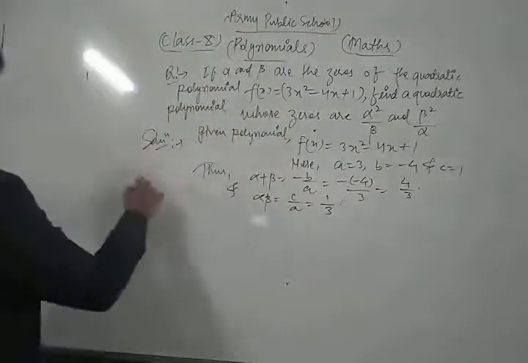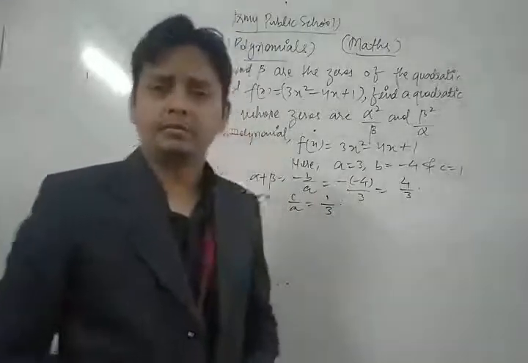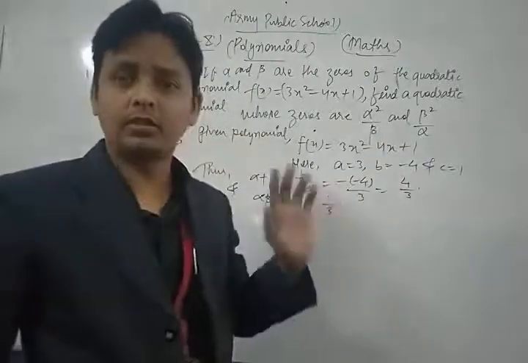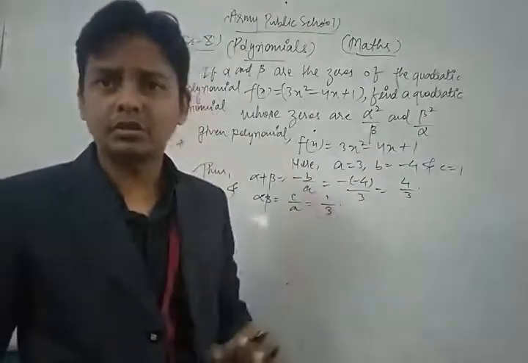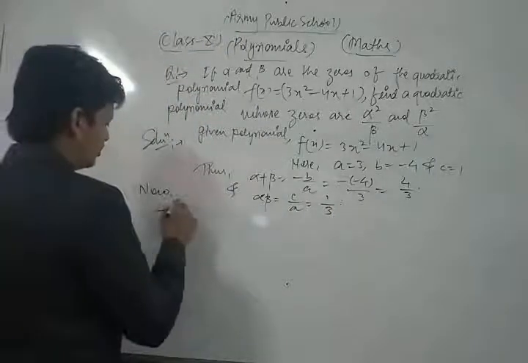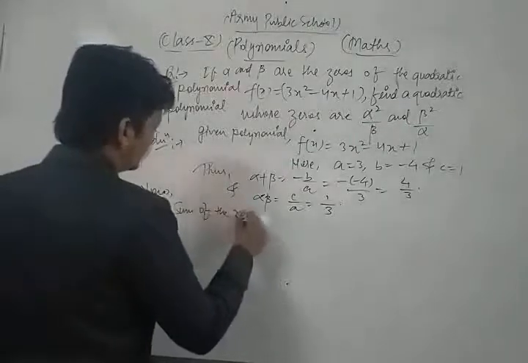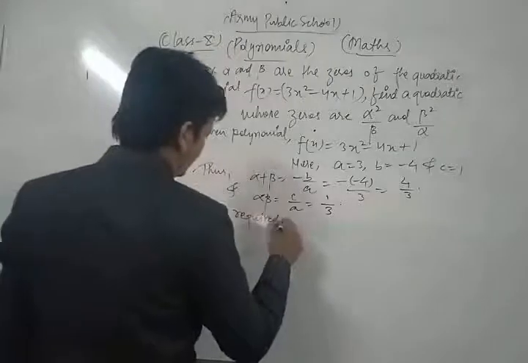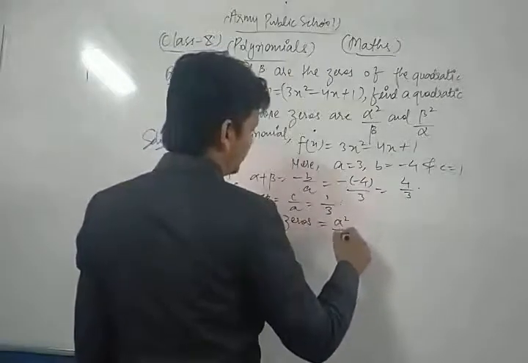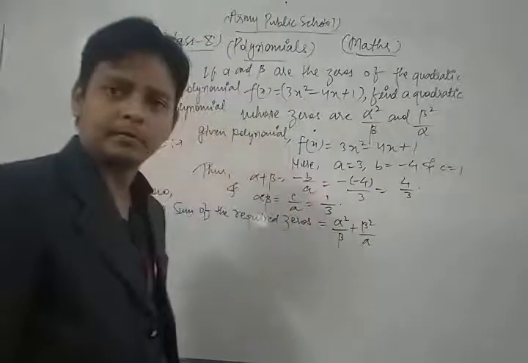Now first of all, we find the quadratic polynomial whose zeros are these. So first of all, we find the sum of the required zeros and the product of the required zeros. Let's see. Now the sum of the required zeros is alpha square upon beta plus beta square upon alpha.